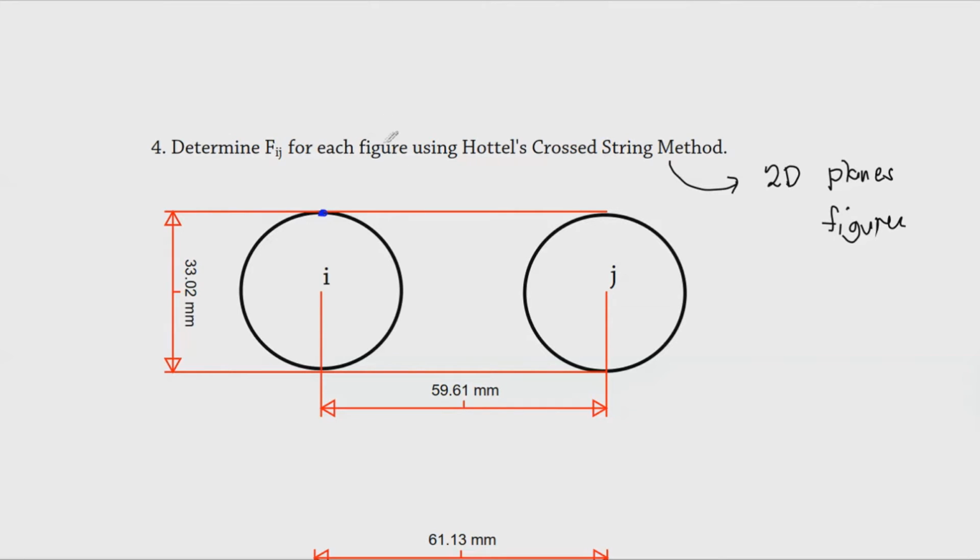The first string I will draw starts from this pin, and then I draw a string that connects to the other circle.